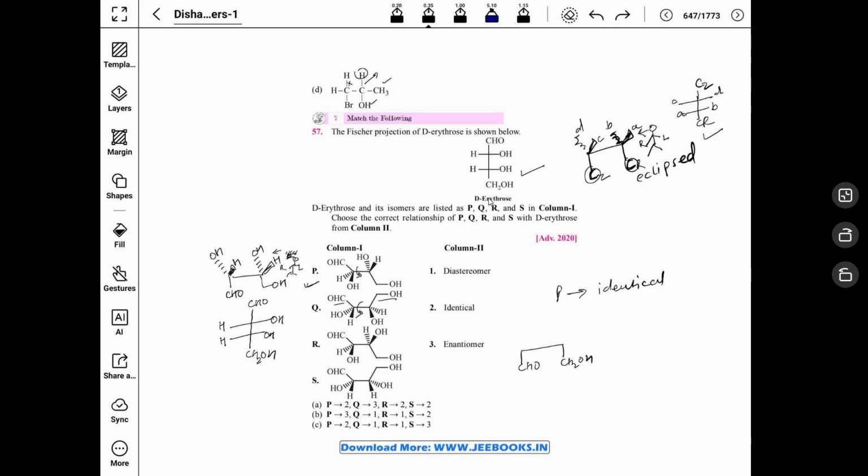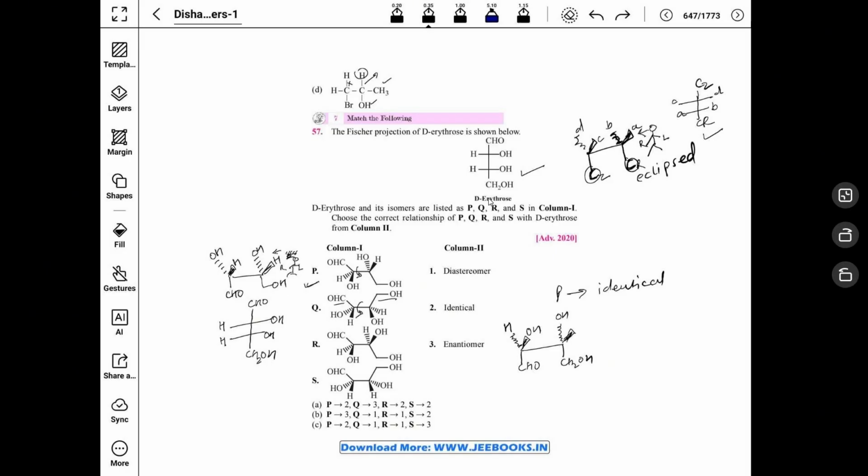So when you are rotating this, hydrogen is going away and OH is coming towards your side. In this case, when you give rotation, OH is going away and hydrogen is coming to your side.